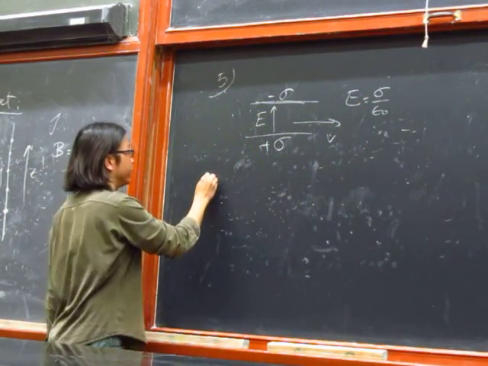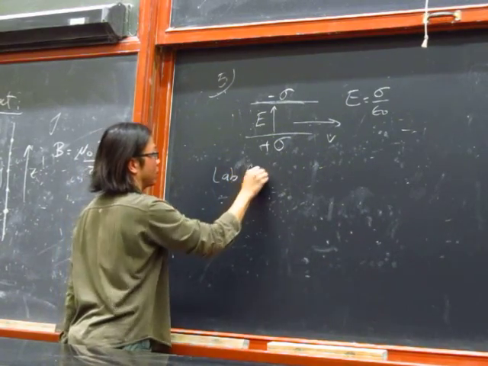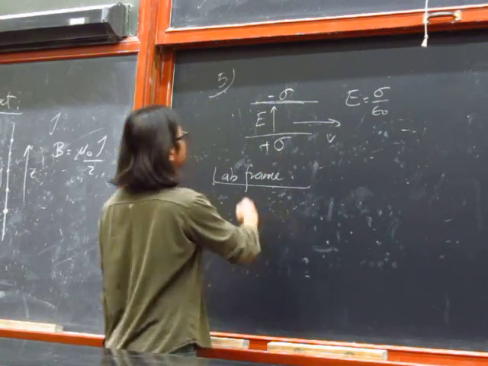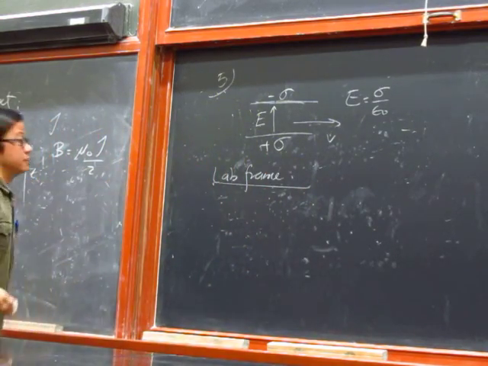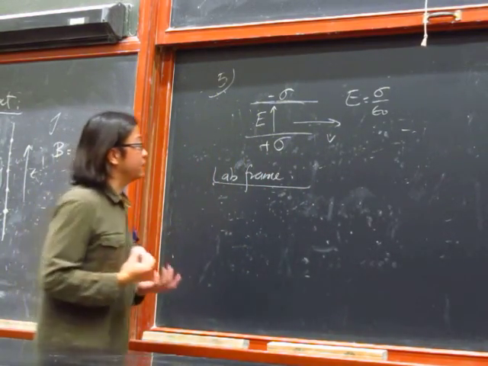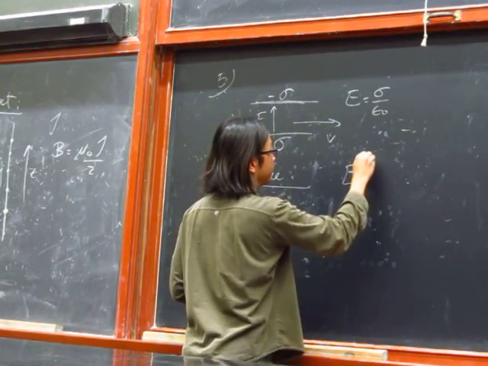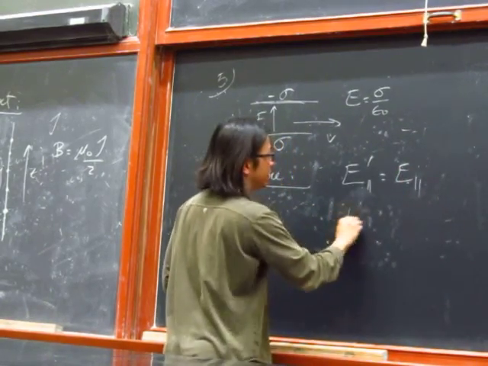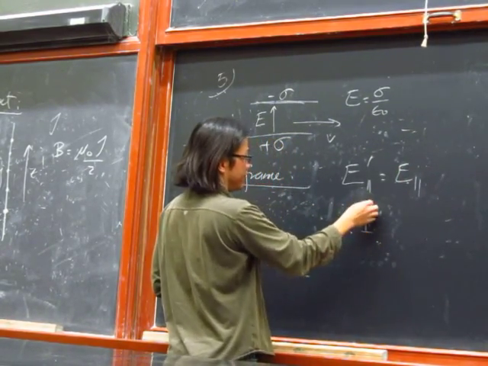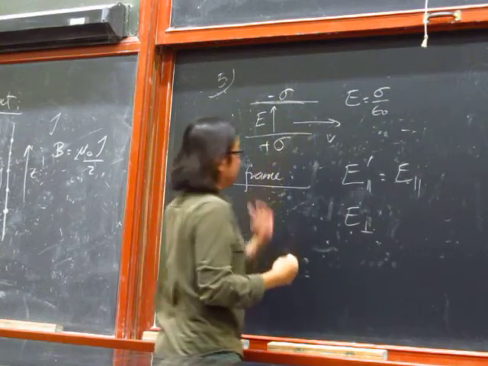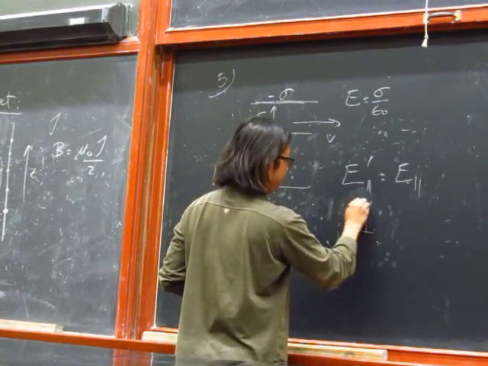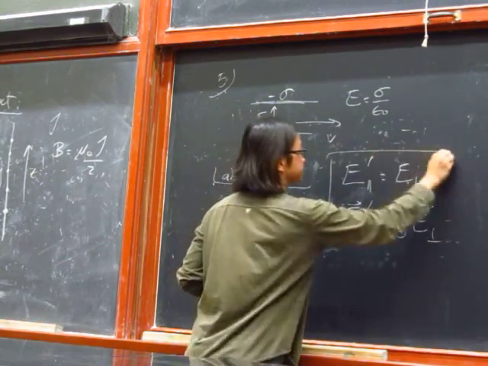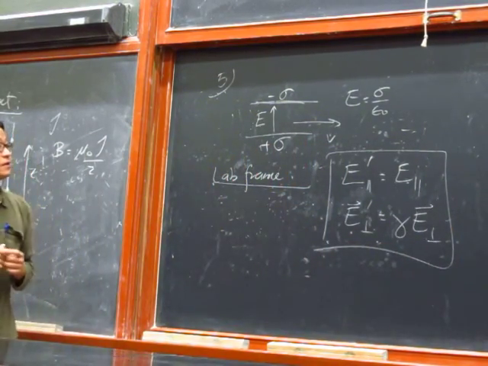But in the lab frame, the prime frame, the electric field perpendicular to the direction of the velocity is multiplied by gamma.